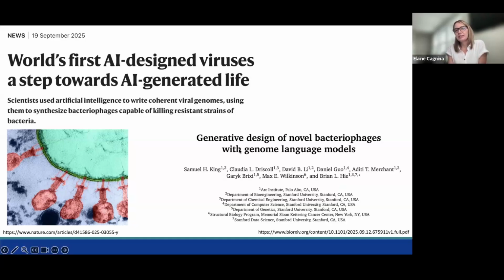And I think this is something that if we can use AI or other tools to basically engineer phages for specific organisms, that's going to be a revolution in phage therapy, because right now, again, the limitation is finding phages that are specific to an individual patient's isolate.